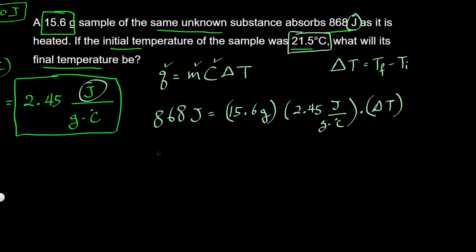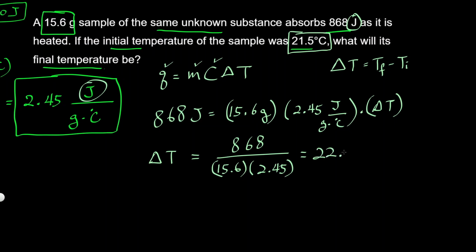So delta T is going to be, just divide these two numbers from 868. Units will cancel out, so I'm not going to write the units right now. 868 over 15.6 over 2.45. Let's see what that comes out to be. It's going to be 22.7. If I keep going, it's 106 on and on, but it's 3 sig figs, so I'm going to underline up to the 7 as my sig fig.